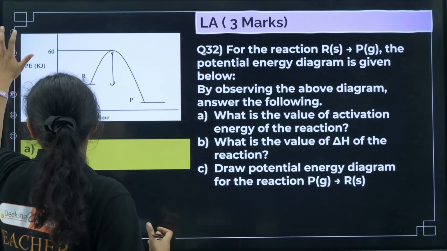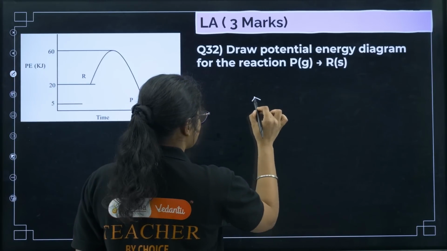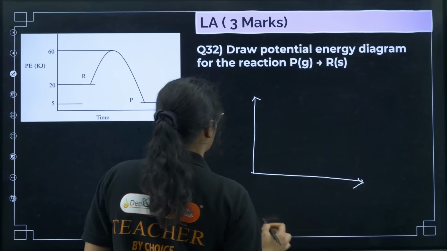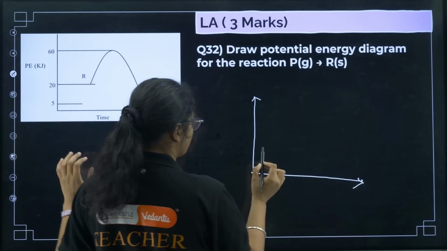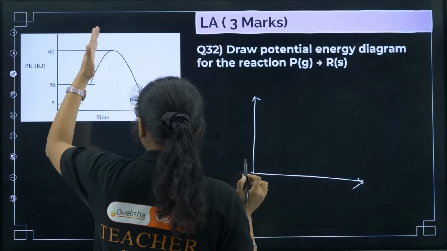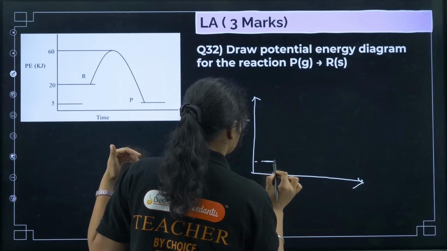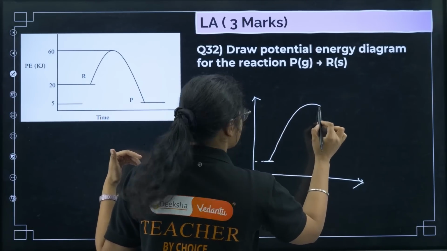So let us draw that. I will have the same thing. This is the product, whose energy is 5. Now you see, from R to P it was exothermic, so P to R it will be endothermic. So I have P here, and I'll draw like this.